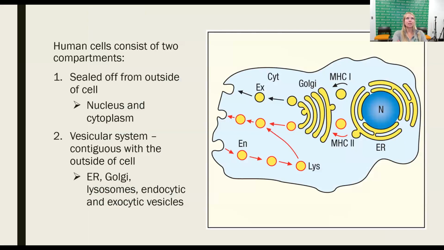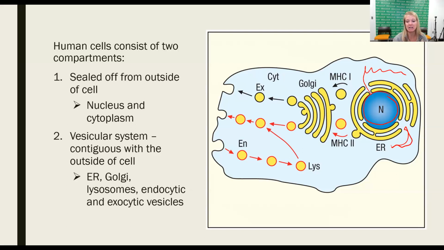Okay, so here, the human cell consists of 2 components or 2 compartments, right? This is review. We talked about this. We have our nucleus and our cytoplasm. And then we have all this extracellular space that is created by all these vesicles. So the nucleus and the cytoplasm are all considered to be part of the cell.